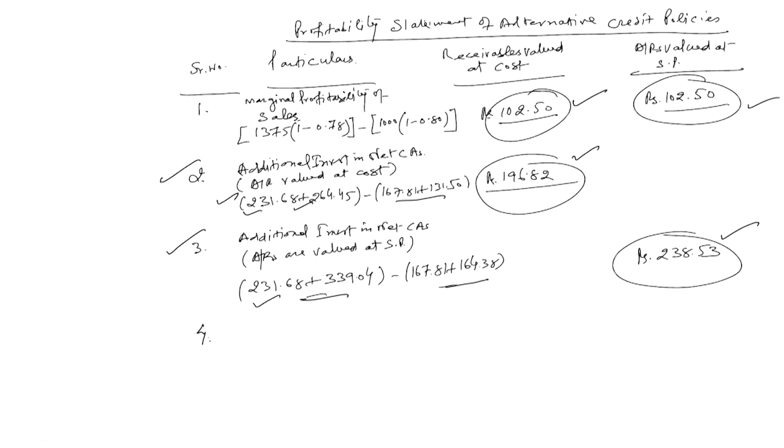Now, we will have to calculate that cost, right. So, for calculating that cost, we take it as number 4, marginal cost at 2 above, point number 2 above. So, what is the marginal cost here?